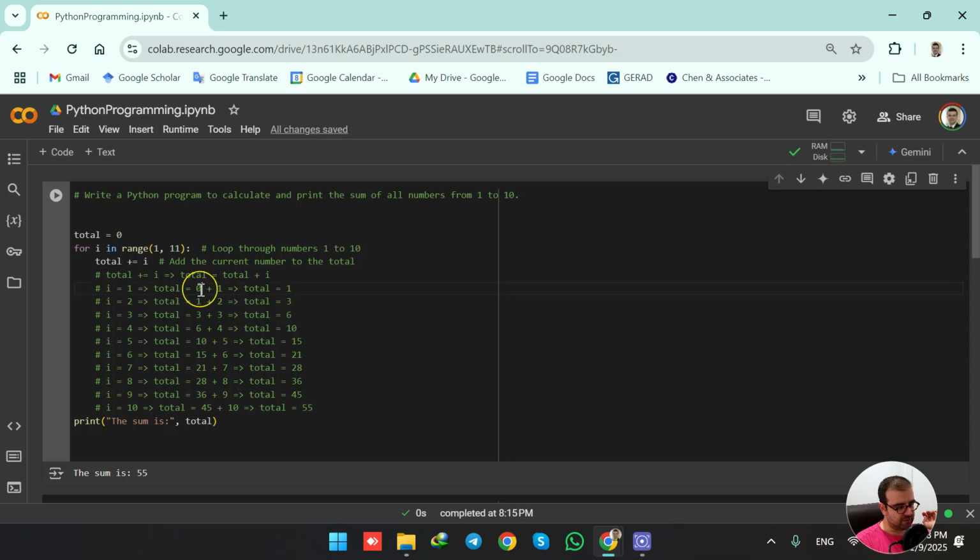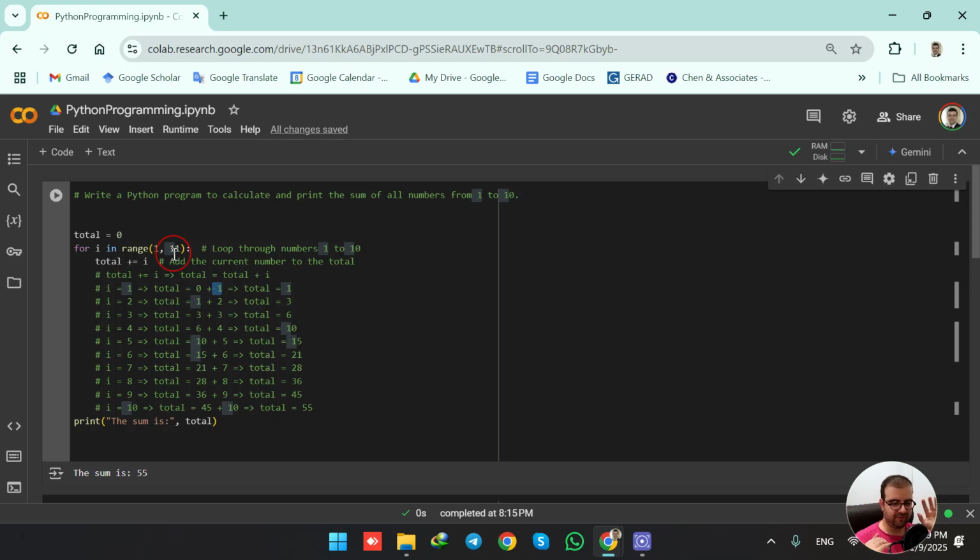In the first iteration, I equals 1, so total is now 1. Then I equals 2, 2 plus that previous total. Then I equals 3, 3 plus the previous total. So we are adding the values 1 to 10 to total in each iteration.